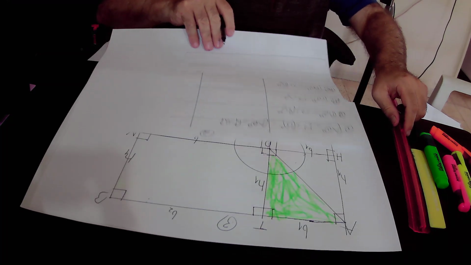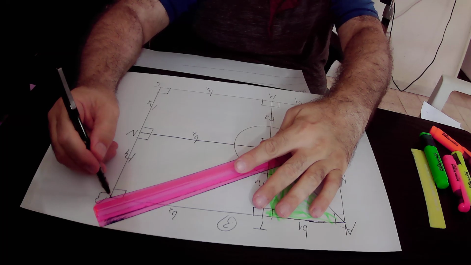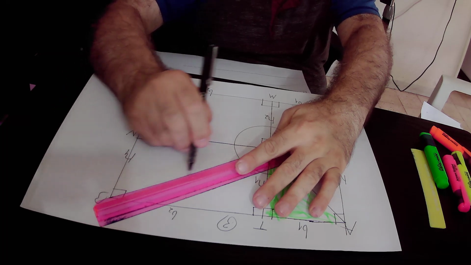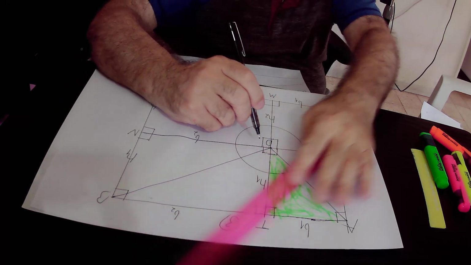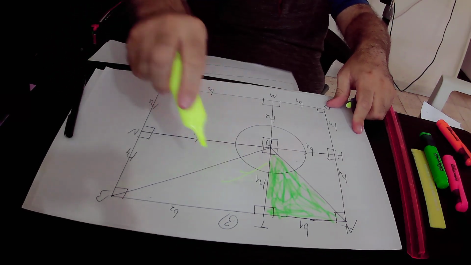Likewise, we join points B and O together by a straight line. And we'll implement the Pythagoras theorem on the right yellow triangle, triangle TOB.